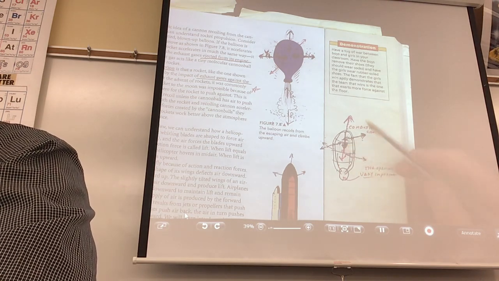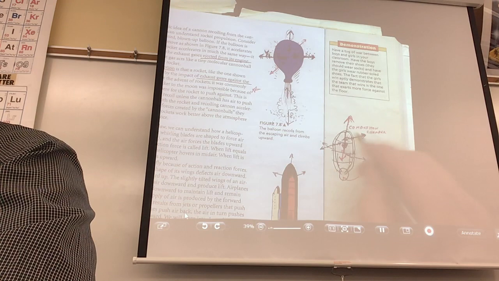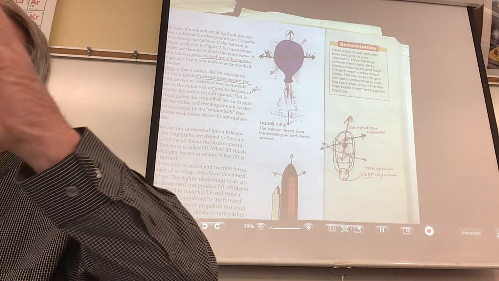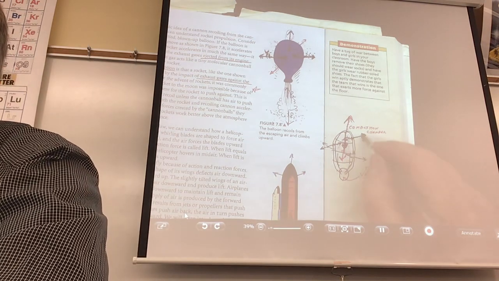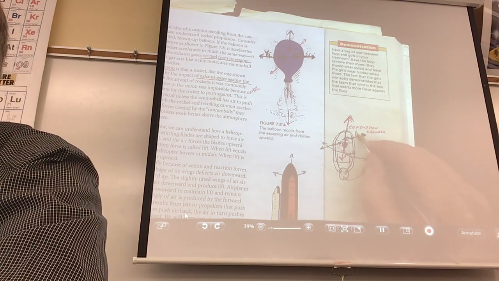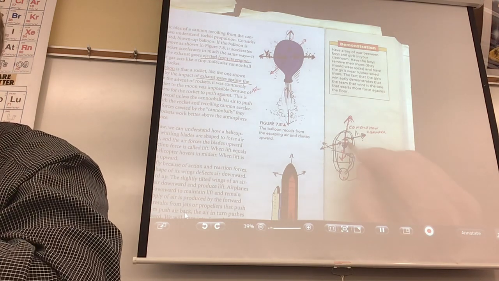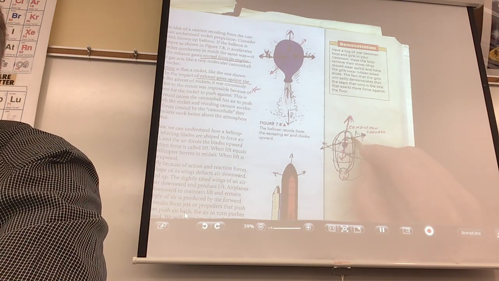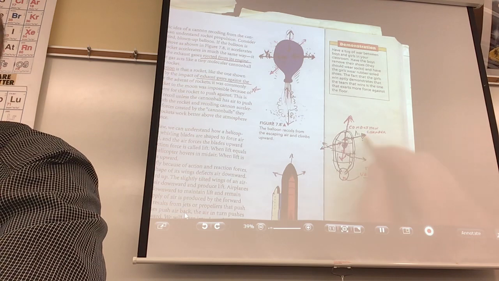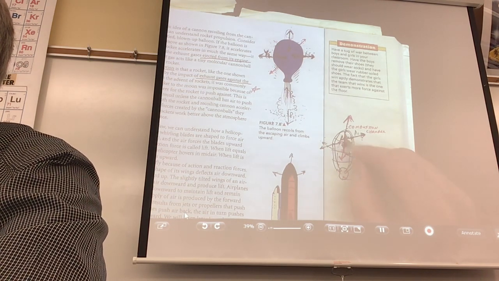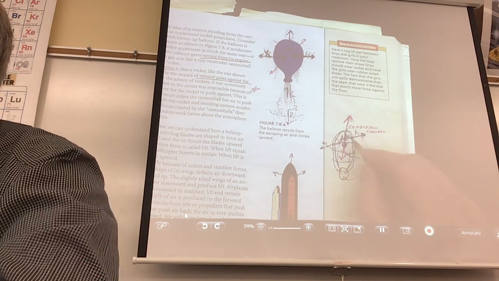So watch right here now, ready? Watch. The chemical reaction takes place. The gases expand. The gases expand and they do what? Identify force A1. Gases push combustion chamber wall that way. And identify A2. Help me out. Here.